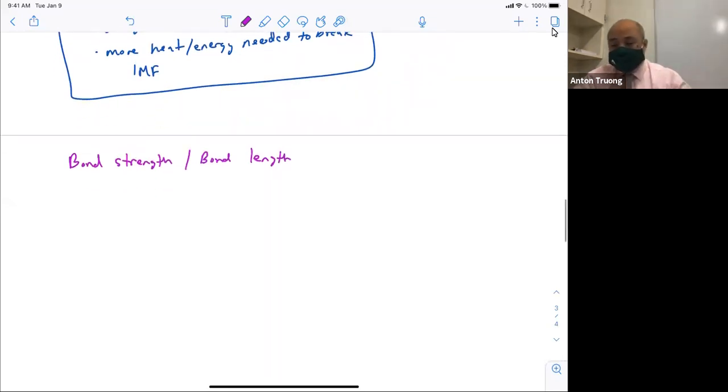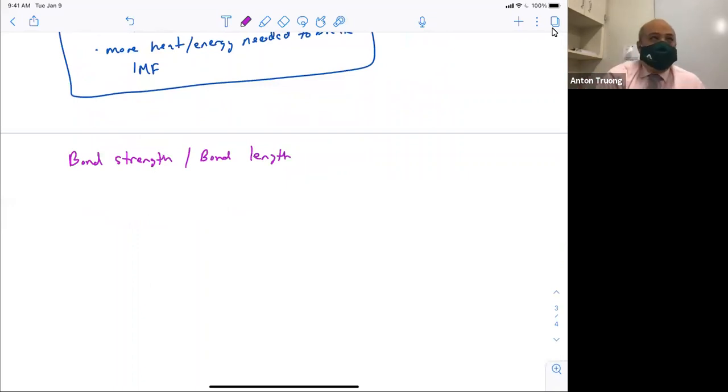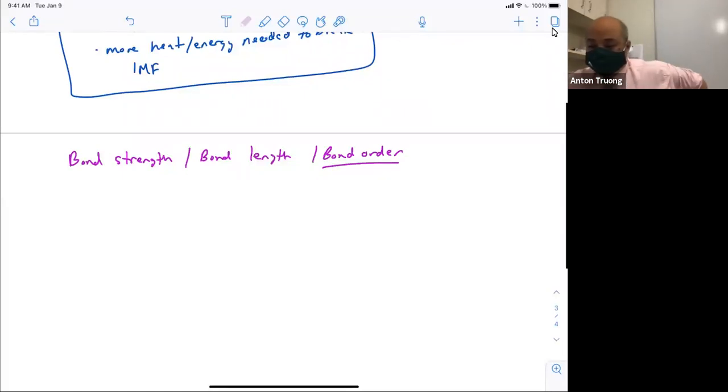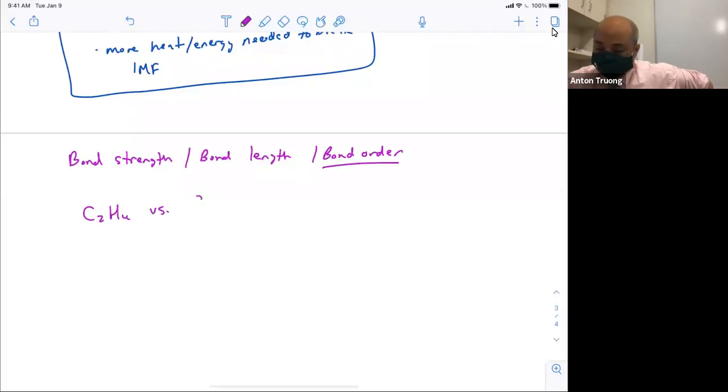This is useful because it helps you explain what bonding is, and it also requires you to draw Lewis structures to understand the bonding itself. I'll put bond order in here as well, because bond order is what you want to use to explain your rationale. And so they'll say things like C2H4 versus C2H6, or CO2 versus CO3 2 minus.